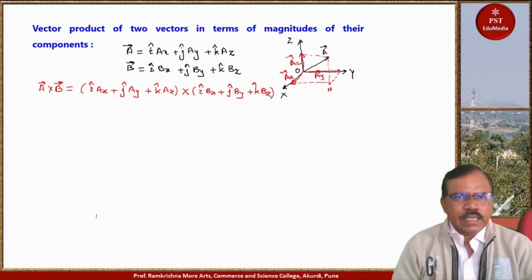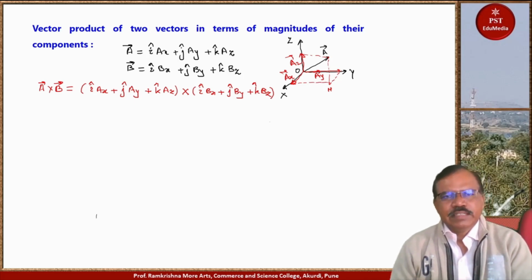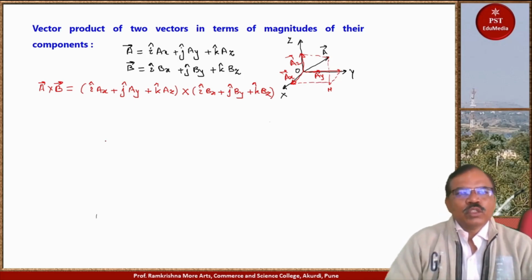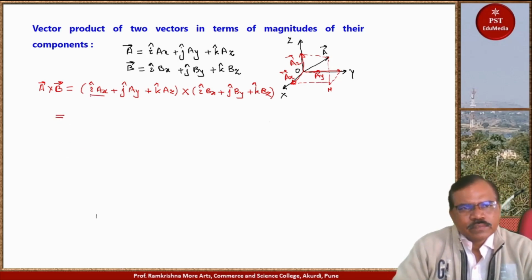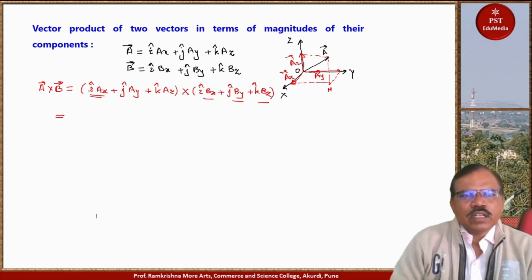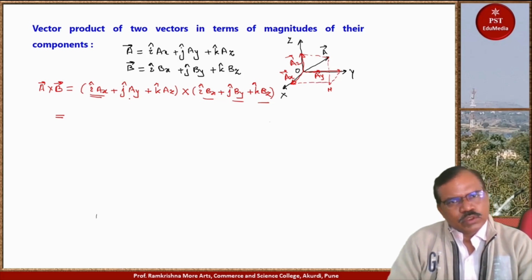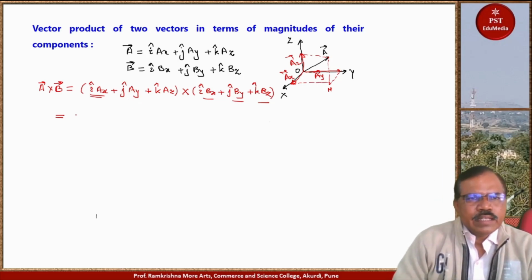Now ax, ay, az are magnitudes, and bx, by, bz are magnitudes. If we take this cross product, the first term we multiply with these three. So the first is I ax cross I bx. Now ax and bx are magnitudes, so they are directly multiplied. So I get I cross I, these are unit vectors, and I can write ax bx.